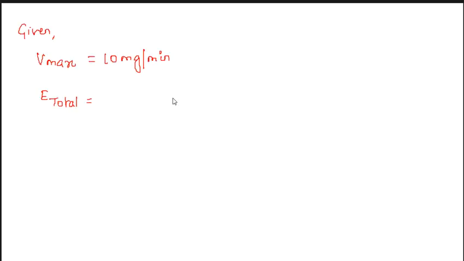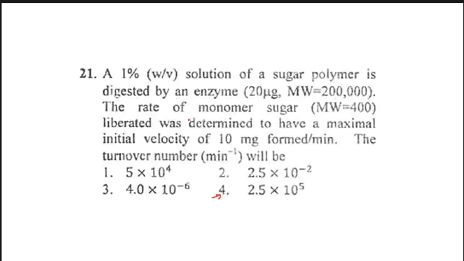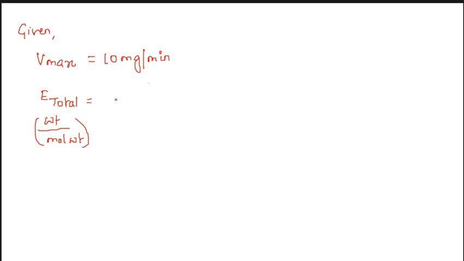So Vmax given to us is 10 milligram per minute, and E total, which we say as weight by molecular weight. Okay, we say E total is equals to weight by molecular weight. So the weight given to us is 20 microgram and molecular weight is 2 into 10 to the power 5. So we will write it here. This weight is 20 microgram by 2 into 10 to the power 5 is the molecular weight, and here Vmax, we denote Vmax as what?